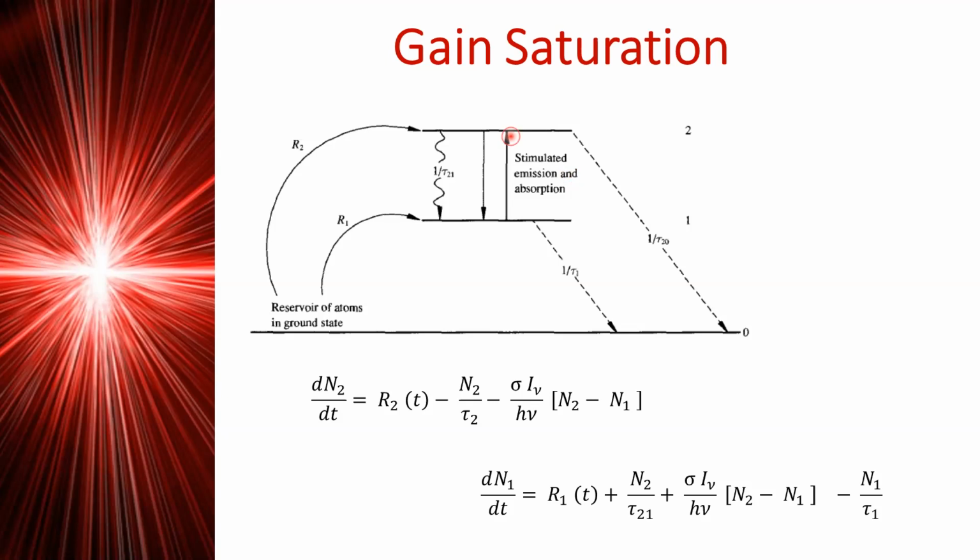So in order to have N2 greater than N1, it makes sense that the probability for an electron to stay in energy level number 2 is larger than the probability of an electron to stay in energy level number 1. So when tau 2 is large, that means that electron stays a good portion of time in level 2 and then it moves.